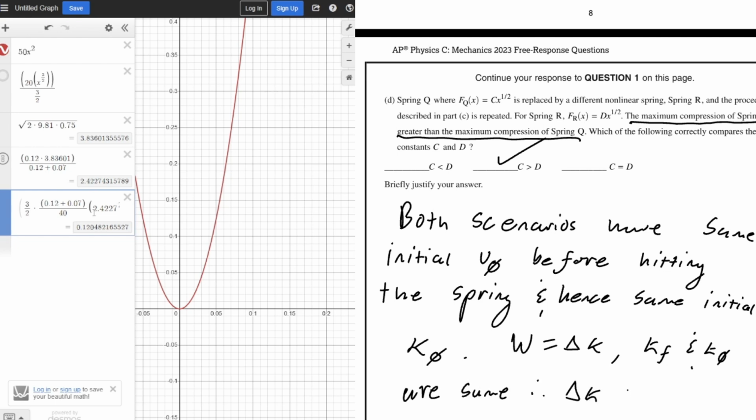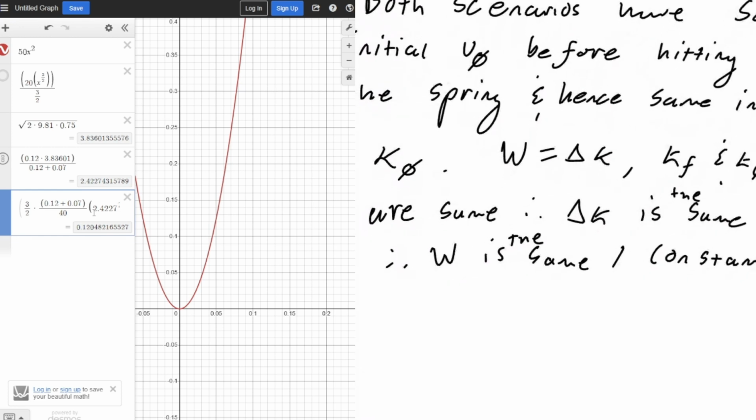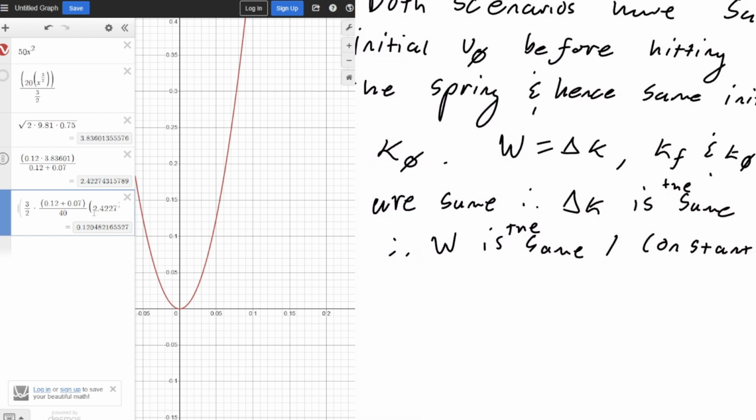Therefore, delta K is the same. Therefore, work is the same, a constant. There we go. So work is the same, a constant, right?